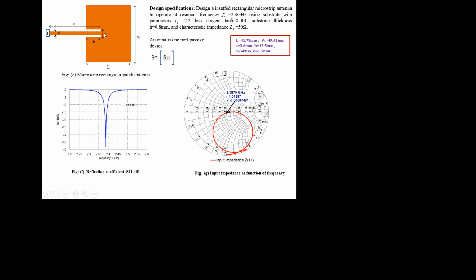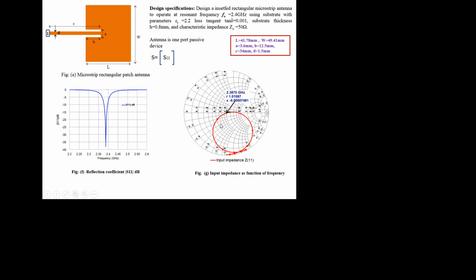But as the frequency deviates, the impedance at the edge changes, meaning it deviates from 50 ohm. Reflection starts because mismatch occurs. At what frequency the impedance becomes 50 ohm, we can study from the Smith chart plot.